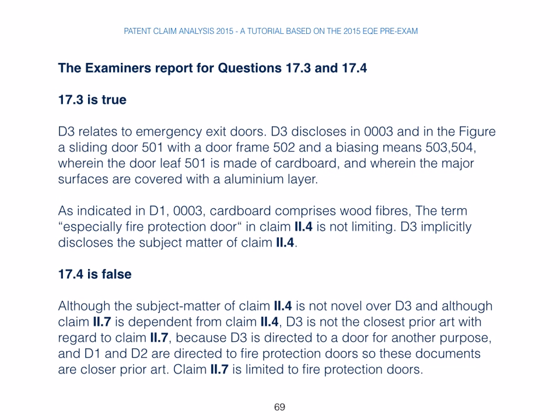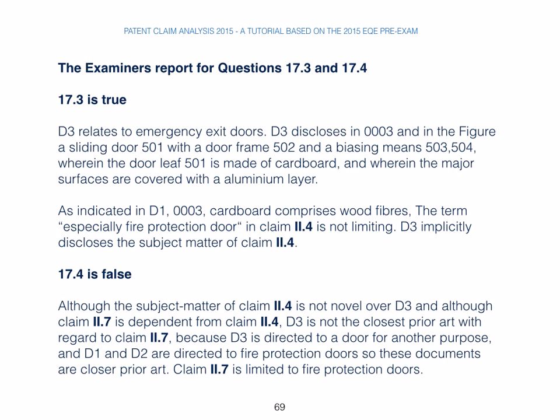The examiners say for 17.3 being true, D3 relates to emergency exit doors. D3 discloses in paragraph 3 and in the figure a sliding door 501 with a door frame 502 and a biasing means 503, 504, wherein the door leaf 501 is made of cardboard and wherein the major surfaces are covered with an aluminium layer.